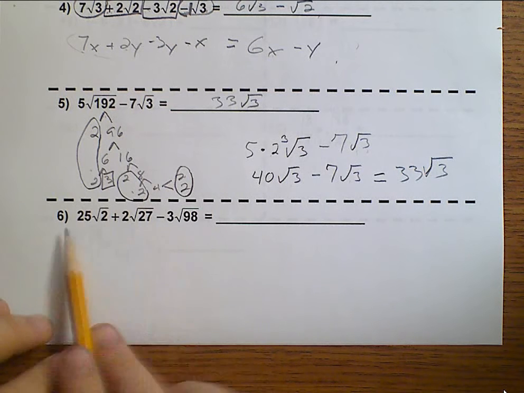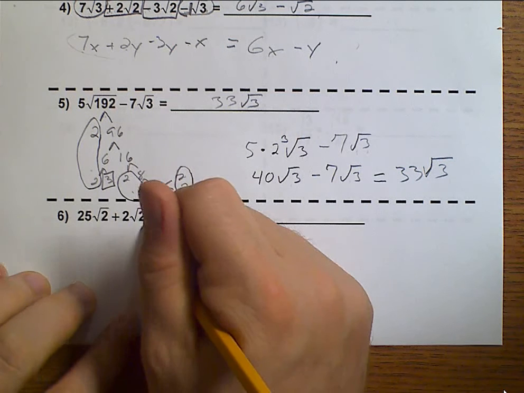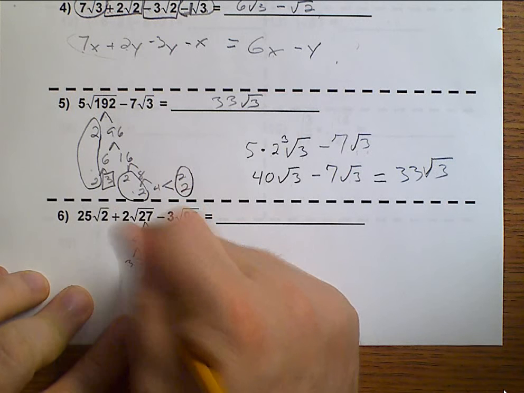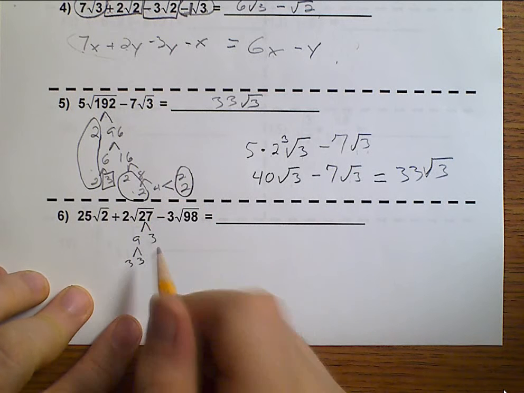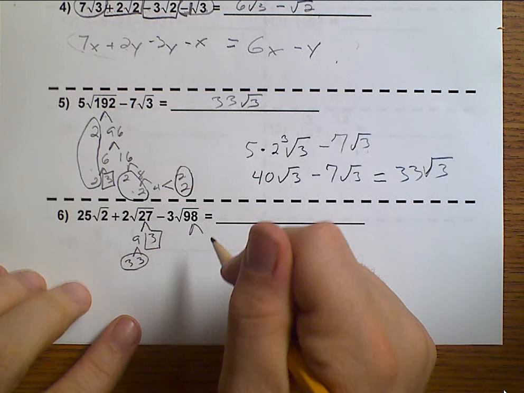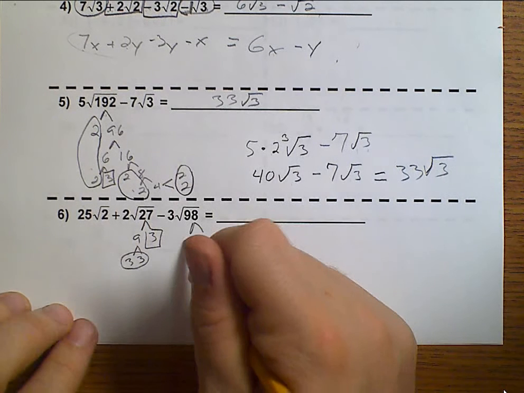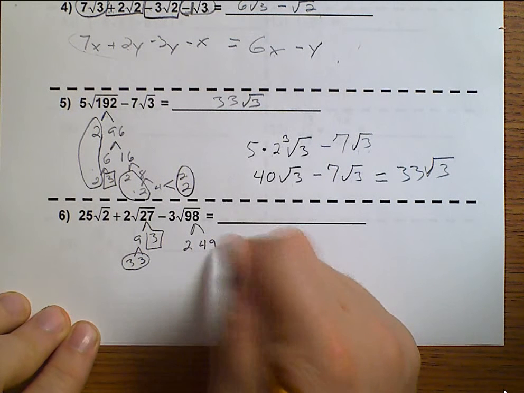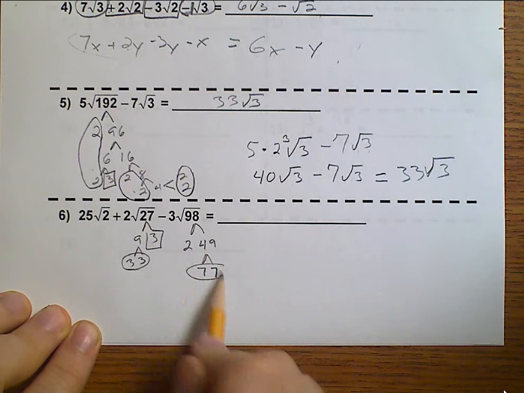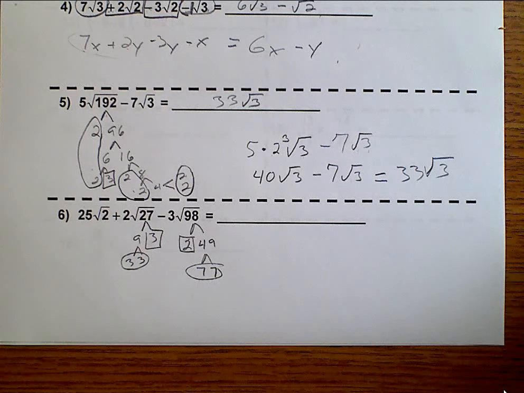Just going to take a look at number 6. Here we have multiple radicals that will simplify. 27 is 9 and 3, which is 3 and 3. And 98 is 2 and 49, which is 7 and 7. And so now that I've simplified, I go ahead and work on it.